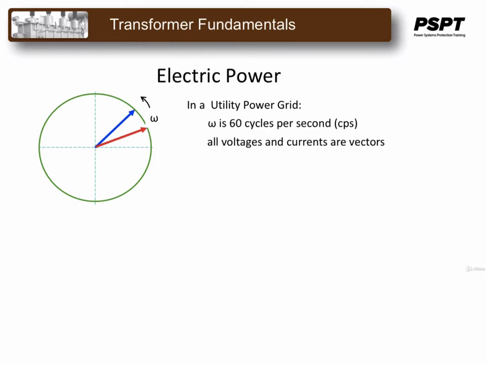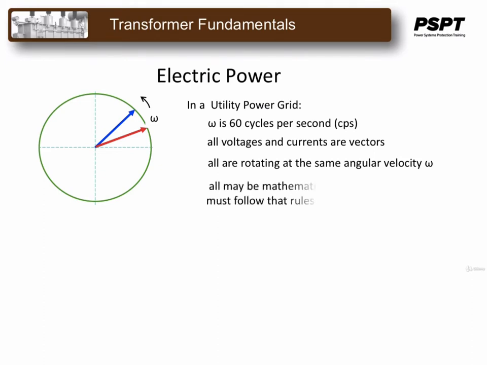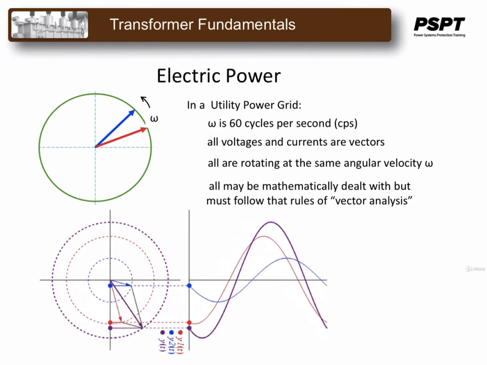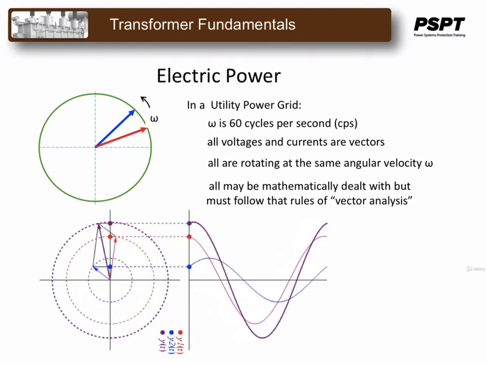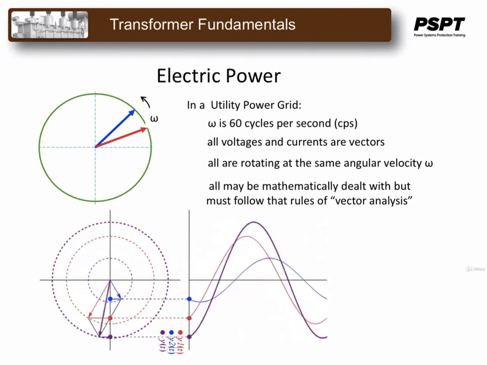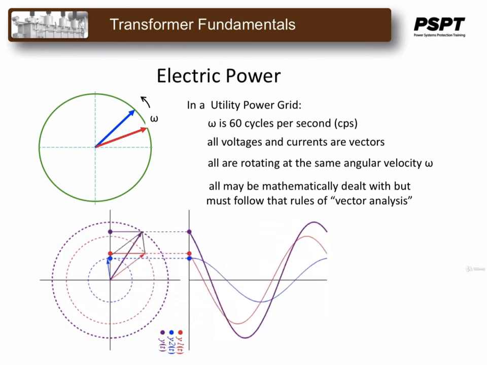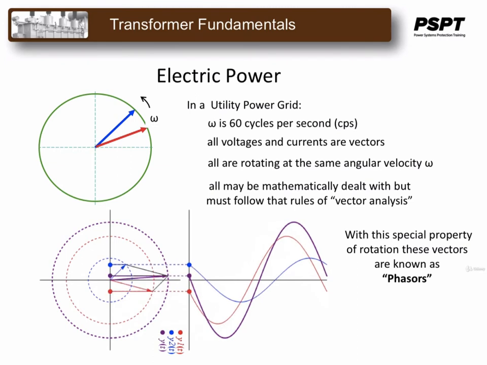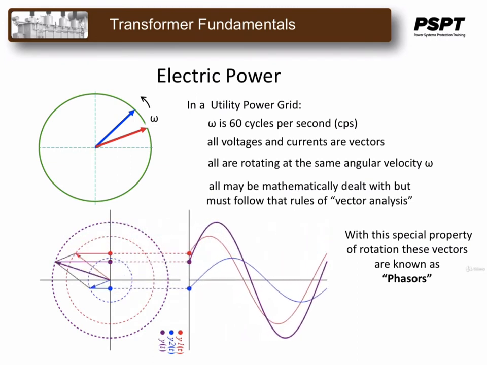All voltages and currents are vectors, all are rotating at the same angular velocity omega, and all may be mathematically dealt with but must follow the rules for vector analysis. Because these vectors have this added property of angular velocity or rotation, they are renamed and known as phasors.